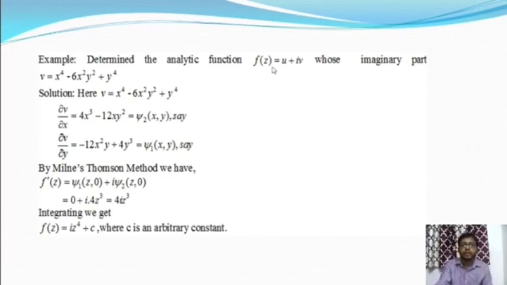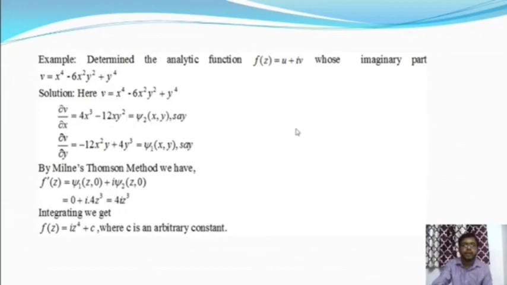Determine the analytic function f of z where v is given. So here v is equal to x to the power 4 minus 6x square y square plus y to the power 4. From this we are going to find the partial differentiation with respect to x and with respect to y. The partial differentiation with respect to x is 4x cube minus 12xy square, and it will be phi 1 of x comma y.